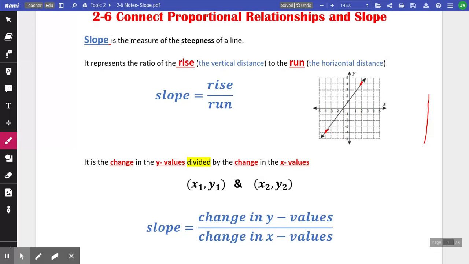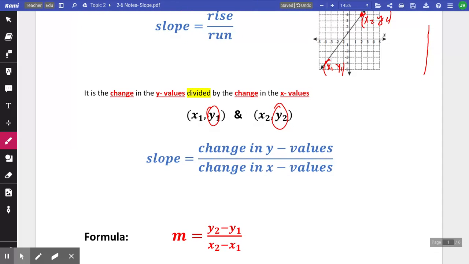Now, if this point was x1, y1, and that other point that I pointed there is x2, y2, the slope would be the difference of those two y's, y2 and y1, over the difference of the x's.